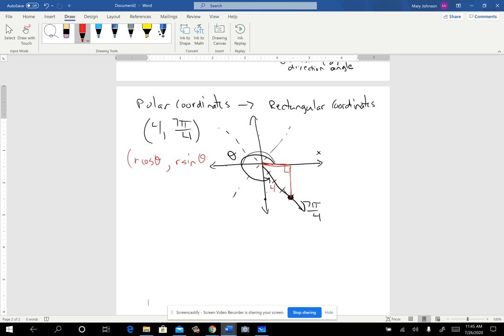And it'll turn out to have the correct positive and negative on it, because you're using the actual angle that's in whatever quadrant it winds up in. So the sign will turn out to be the same. So basically all you got to do is 4 cosine of 7 pi over 4, and then you need to do 4 times sine of 7 pi over 4.